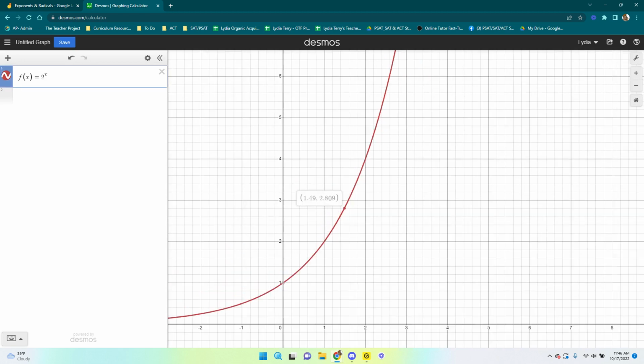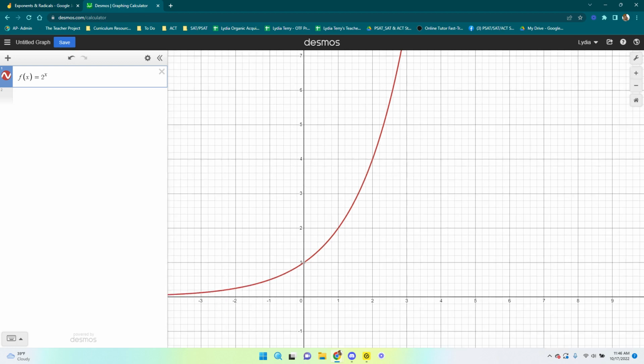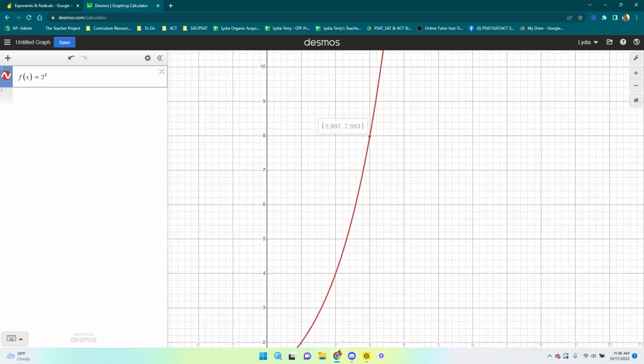Let's do 1.5, 2.8. There, okay. Or the square root of 8. Here is 4 and 8. Okay. All right, so exponents and radicals.